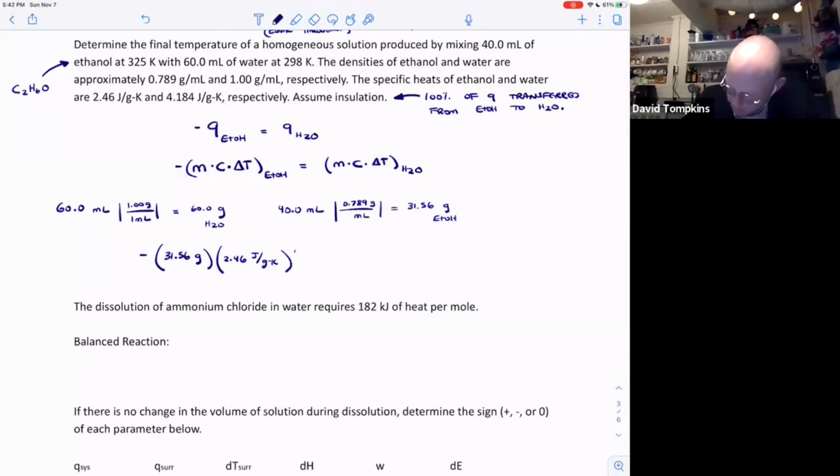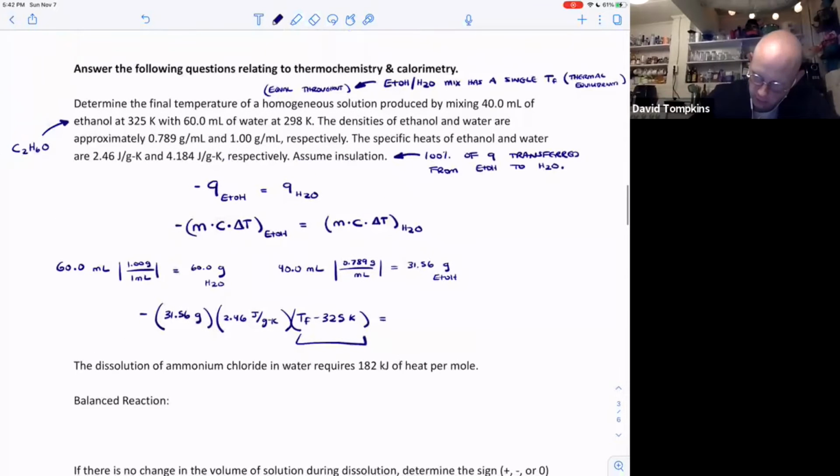And then its temperature change is some unknown T final minus an initial 325 Kelvin. Once again, this difference here is the same in Kelvin or Celsius. You can really use either one. In this one, we'll just stick with Kelvin, so we don't have to convert, but you should be able to go back and forth between those.